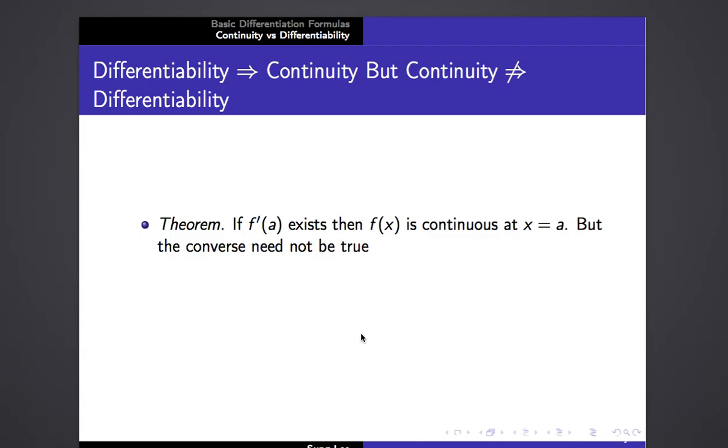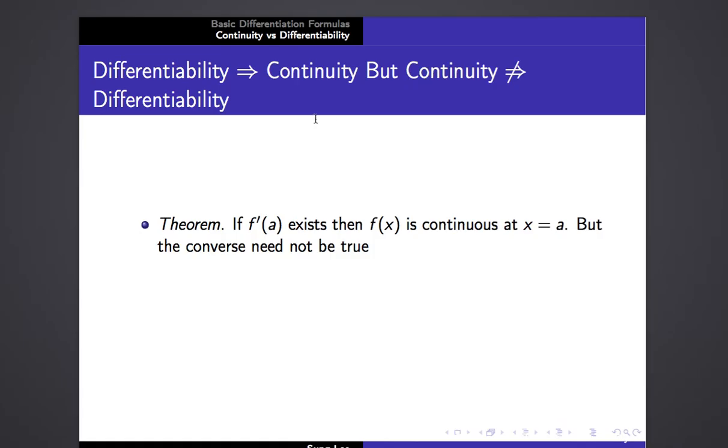So differentiability is a local property. If a function is differentiable at a point, then the function is also continuous at that point. Okay, but the converse is not necessarily true. A function being continuous at a point does not necessarily mean that the function is differentiable at that point. So that's what I want to talk about.